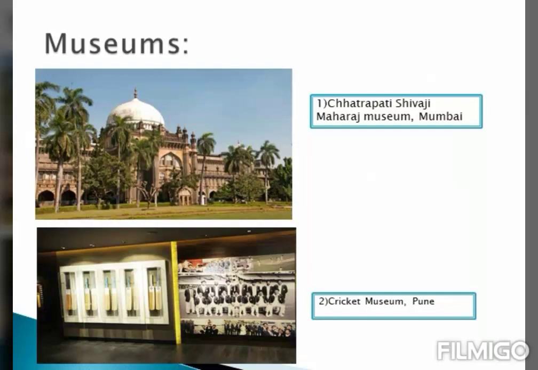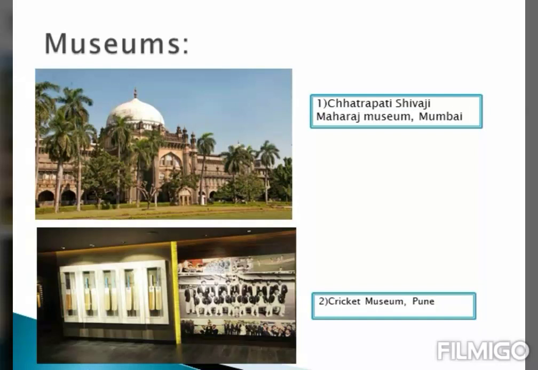Museums. All states of India have museums that depict and display the cultural and social heritage of the state. Example, we have Chhatrapati Shivaji Maharaj Museum at Mumbai and Cricket Museum at Pune.